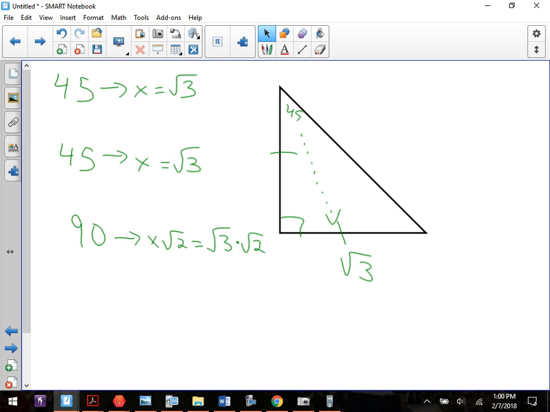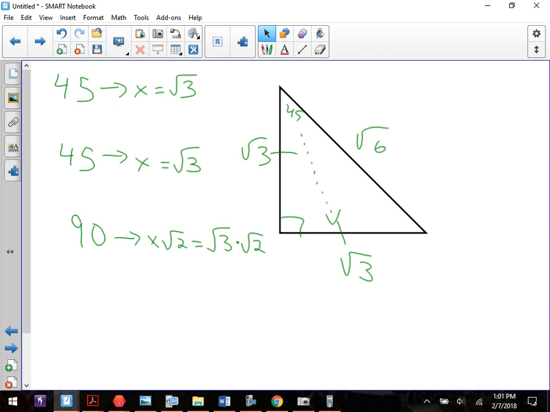Take a calculator and type in square root of 3 times square root of 2, and it will spit out square root of 6. So here you have root 3, and here you have root 6. That's what we're doing today, guys. Super fast stuff. Not terrible?